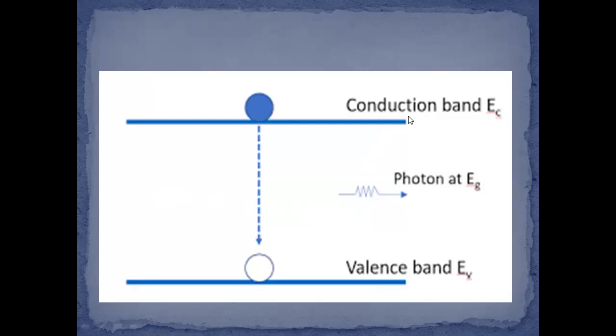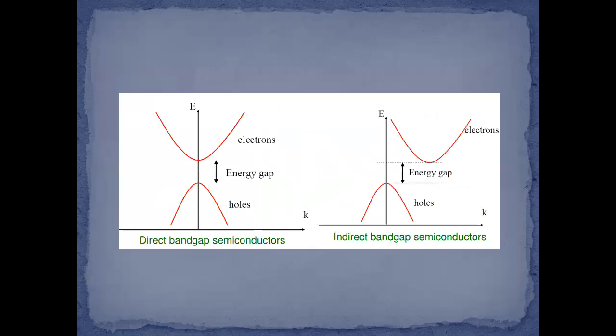You can see on the screen the recombination mechanism where radiations are emitted due to de-excitation of an electron from conduction band to valency band. A photon will be released whose energy is nearly equal to the energy gap between these two bands, that is conduction band to valency band. And there is one figure which represents the different types of semiconductors, where the maximum of the valency band and the minimum of the conduction band are aligned in the same direction for direct band gap semiconductors, whereas for indirect band gap semiconductors, they are not aligned at the same position.